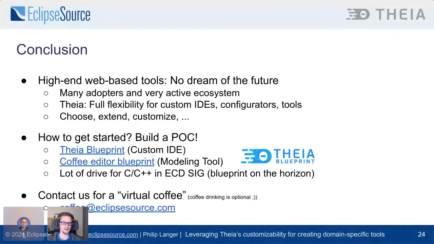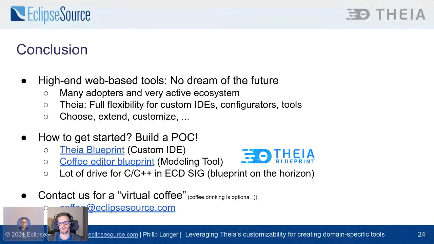So how to get started? I would really suggest to start building a proof of concept application for your particular requirements. There are great starting points out there. There is the Theia Blueprint project, which is, as the name implies, a blueprint for starting a custom IDE. So you can start from there and adapt it to your needs.